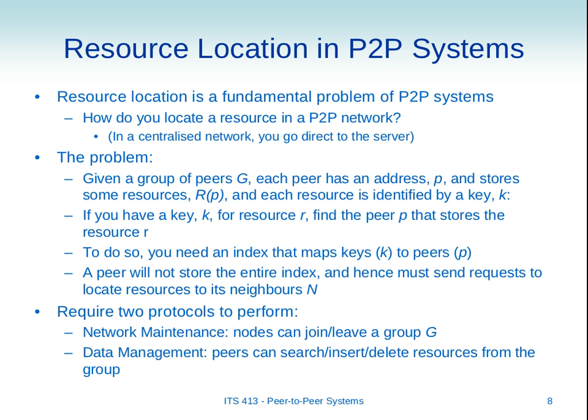So peer P has a set of resources R of P. And we can identify uniquely resources by some key, some ID. That's what we assume at the start, some key K. If we have a key for some resource, then we need to find the peer that stores that resource.